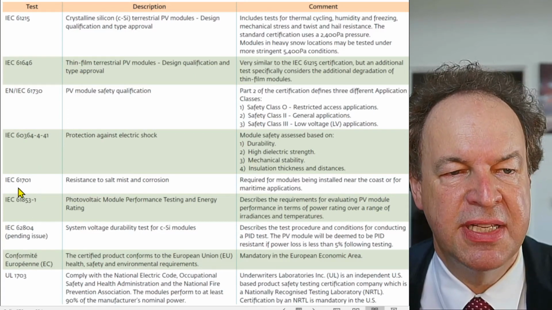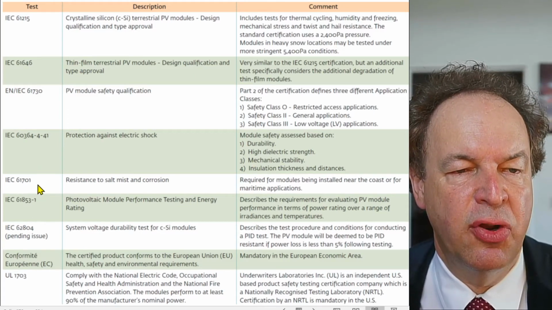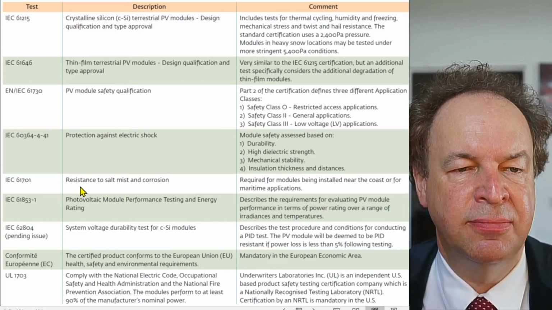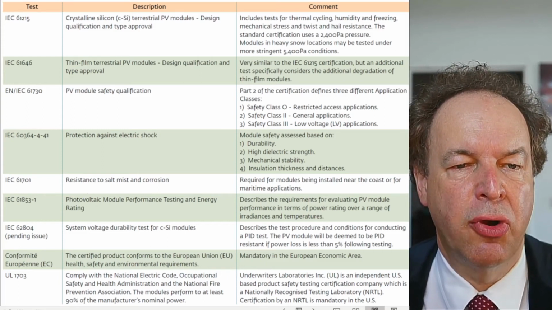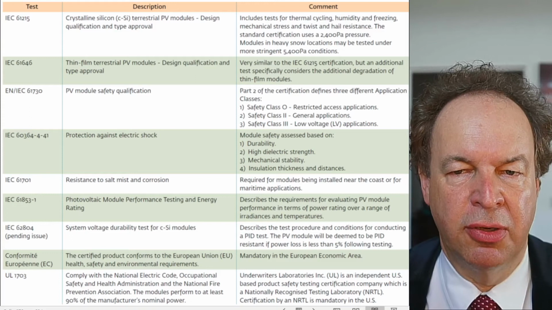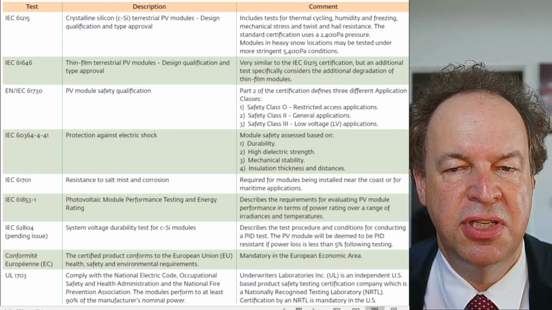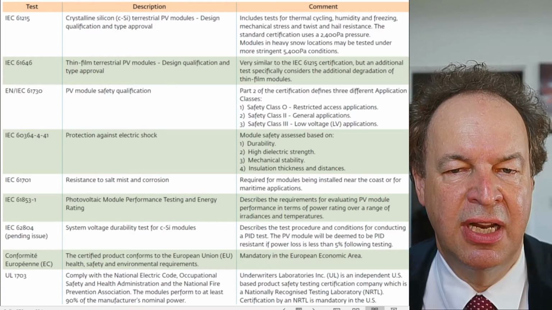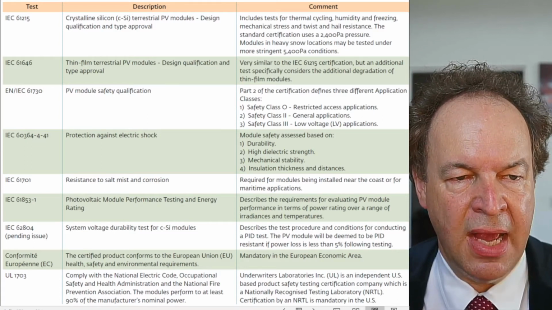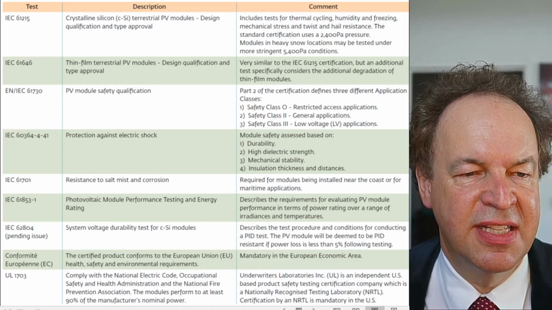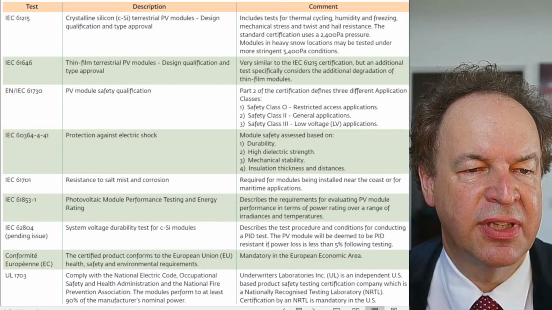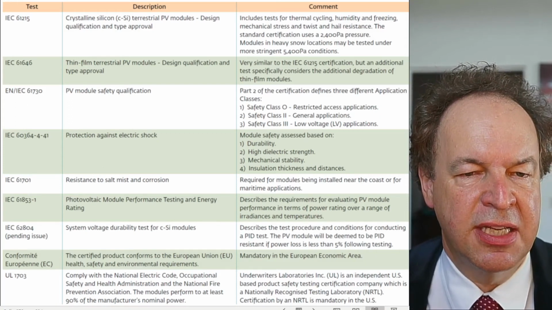More important is the 61701. This is a resistance to salt mist and corrosion. So if you install your module in the Alps, that is totally irrelevant. But if you install it close to the seashore, that's really relevant. Then you have the 61853. That's quite interesting.